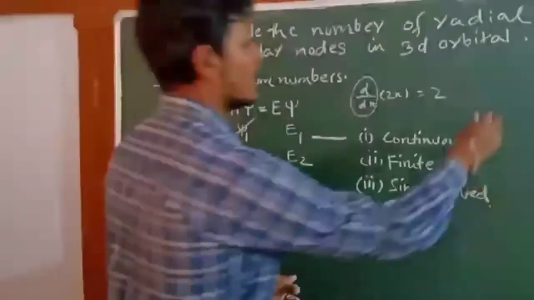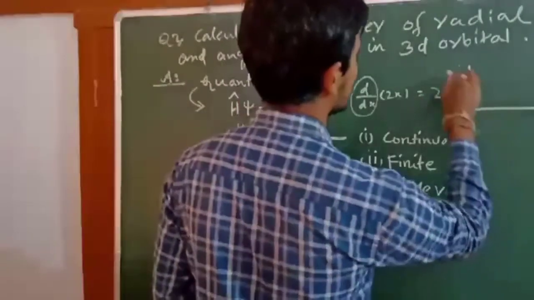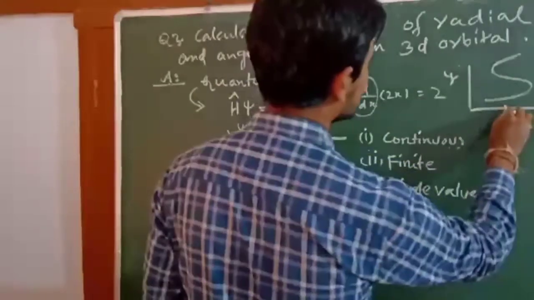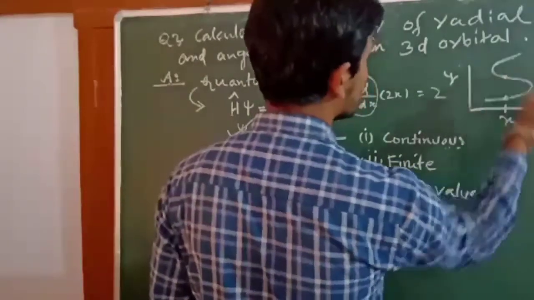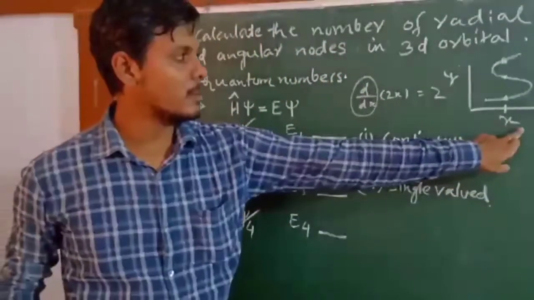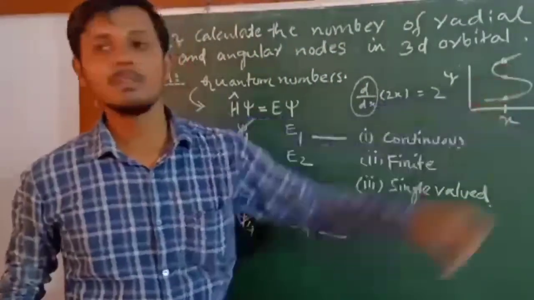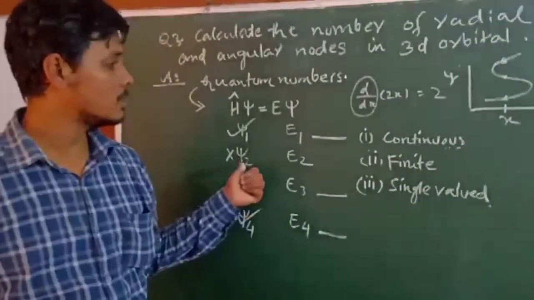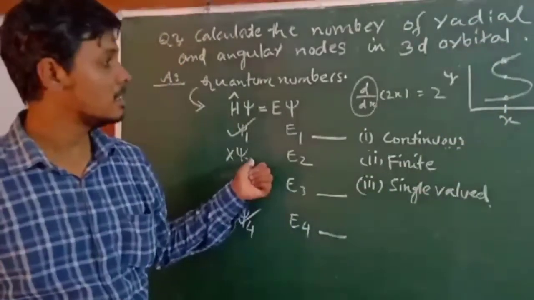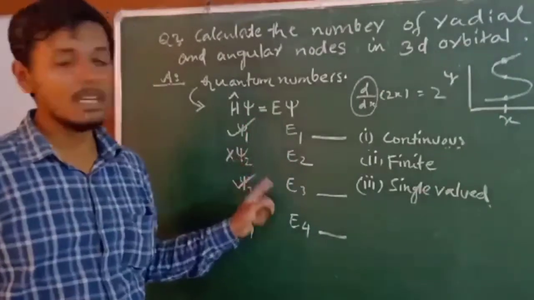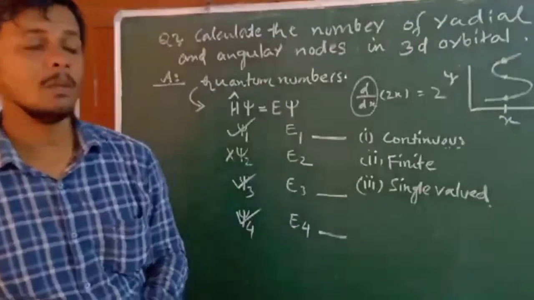Now let's consider a function like this. At this point there are three values of y. So for a particular value of the variable, there are three values of the function. That means it is a multi-valued function. Psi should not be multi-valued. It should be single valued, with only one value of psi for one value of the variable.